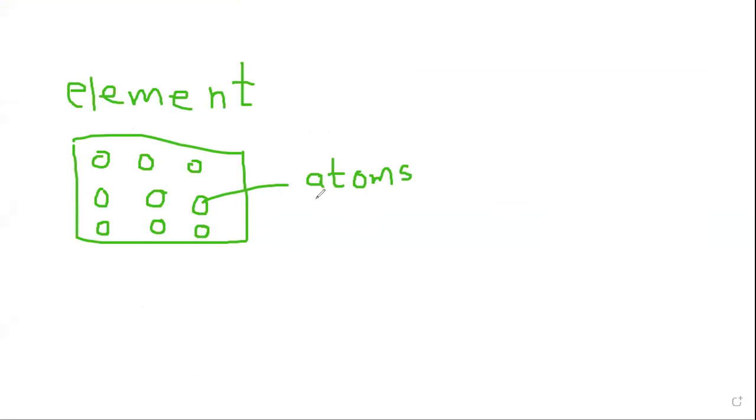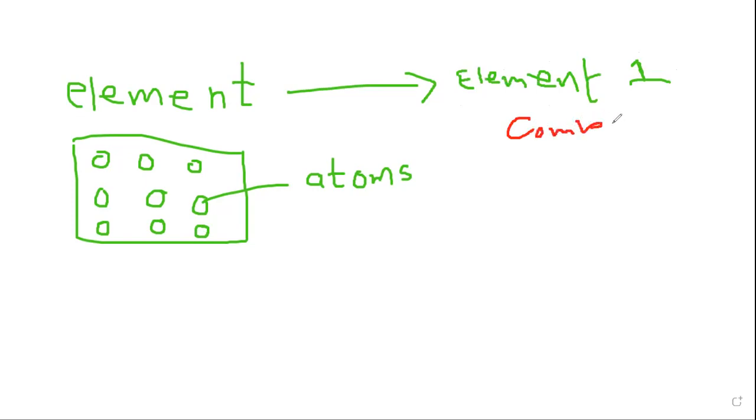But when different elements, so we can say element 1, combine, so it's a chemical combination, with another element, we can say element 2.